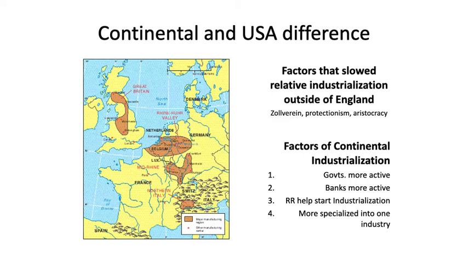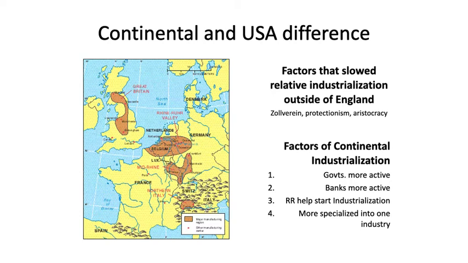One of the differences that you see on here is that there were factors in some places that slowed down industrialism. The aristocracy, an old school rural aristocracy, in Russia, for example, they won't be as quick to move their limited capital towards industrializing. So you'll see that there.